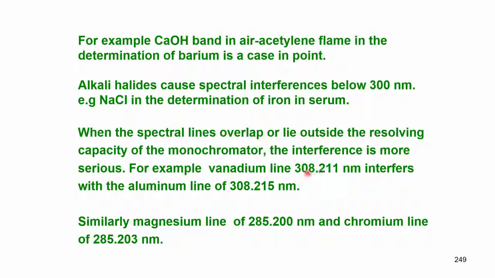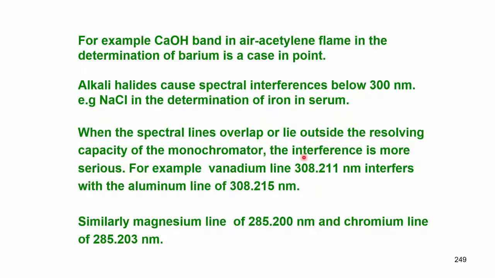So, any determination of vanadium at 308.211 will include the absorbance of the radiation line from 308.215, that belongs to aluminum. So, the total absorbance of vanadium will be higher if there is aluminum. So, this is known as spectral interference.